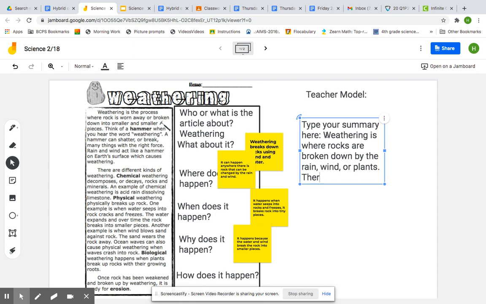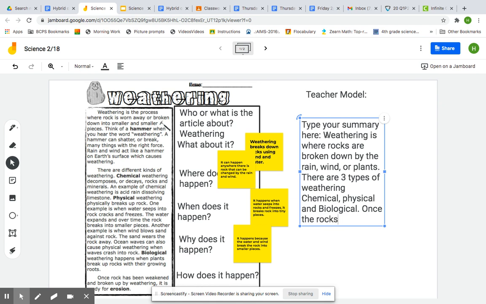There are three types of weathering: chemical, physical, and biological. Once the rock is broken into smaller pieces, it is ready for erosion.